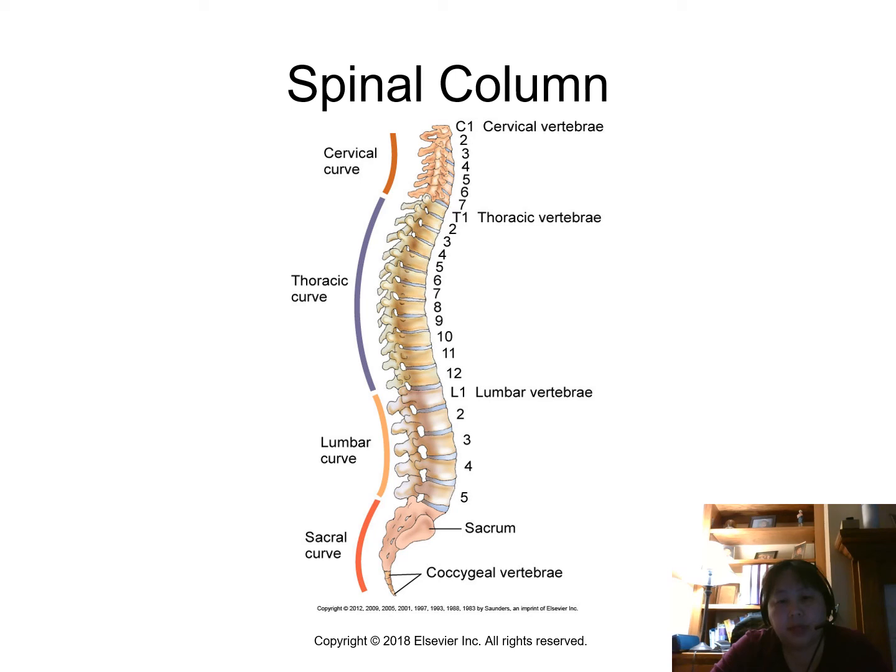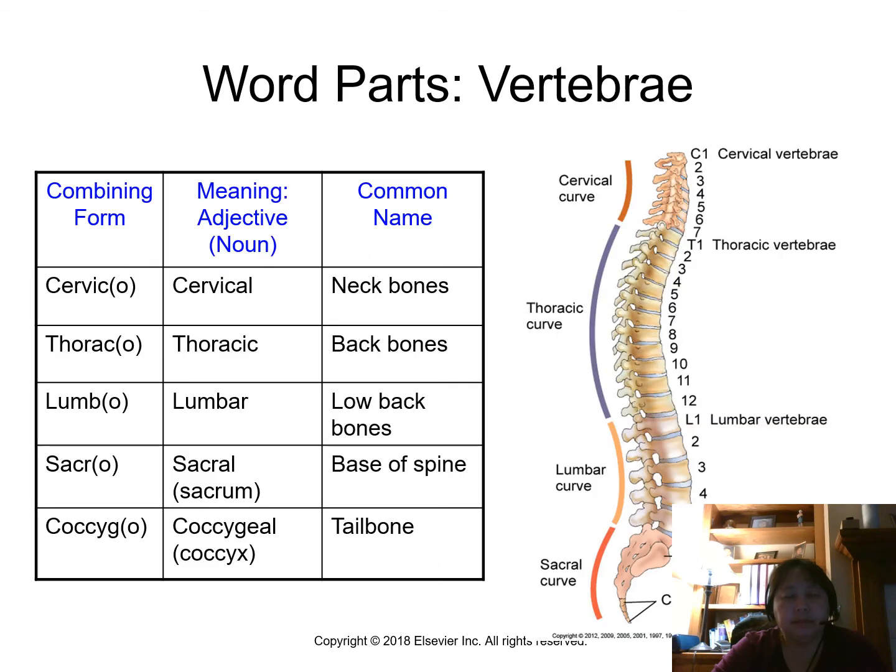Or if they say lumbar 2, you know that that's in the lower back area. So labeling it out actually helps to identify specifically the area that might be having problems.